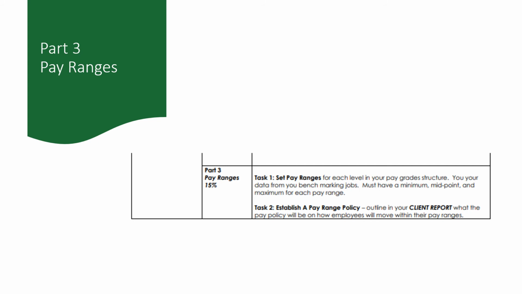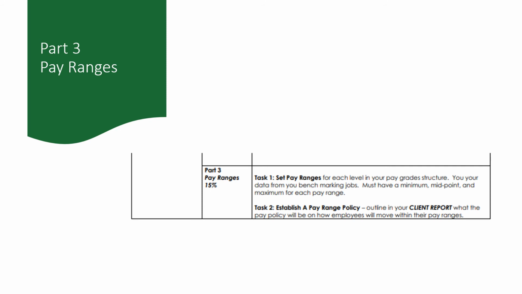And again, you should be referring to either Towers Watson or WorldatWork for a recommended spread. So use that and then consider how many levels of the pay range you have to determine what is appropriate in terms of spread for each of your pay grades.